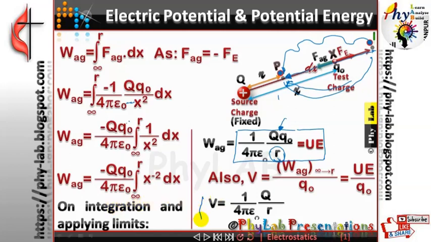So both these expressions: this defines the electrostatic potential energy between a pair of charges.